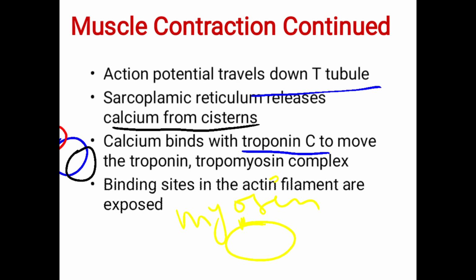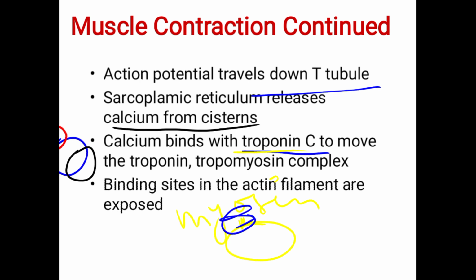But it is usually covered by troponin C. Understood? On the actin filament, the actin has a binding site for myosin, but during relaxed condition this active site will be covered by troponin C. Whenever the calcium is binding to troponin C, this active site will be exposed.